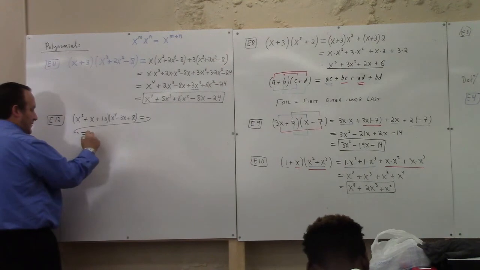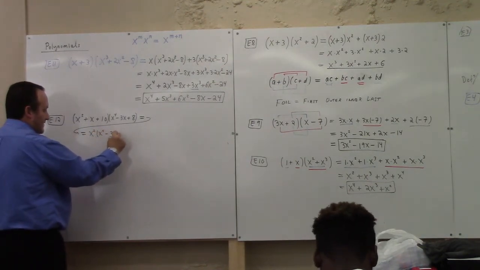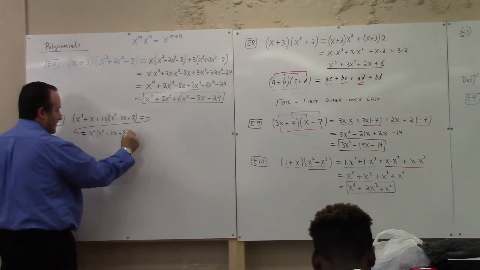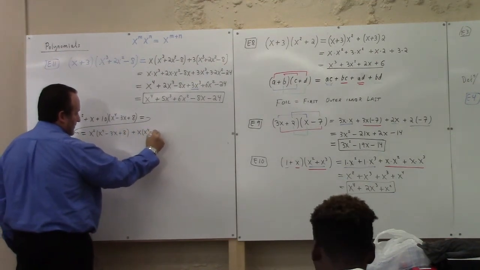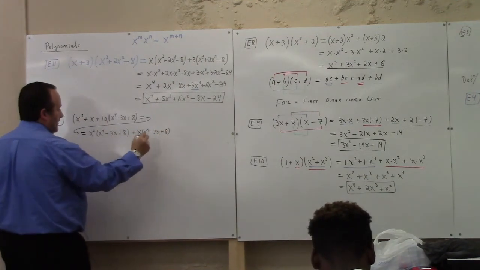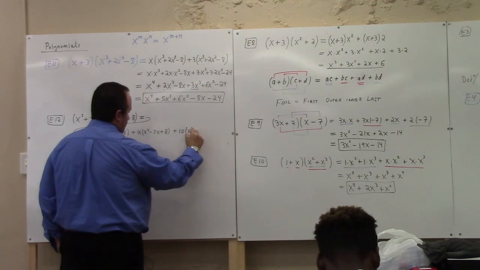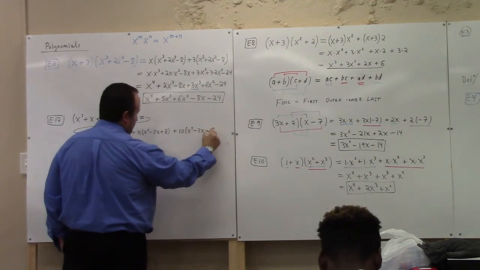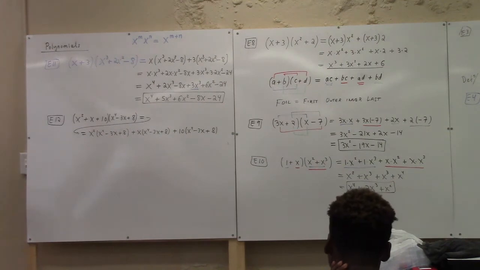So we have x squared times x to the 4th minus 3x plus 8, plus x times x to the 4th minus 3x plus 8, plus 10 times x to the 4th minus 3x plus 8. So it's again this distributive property, all right?